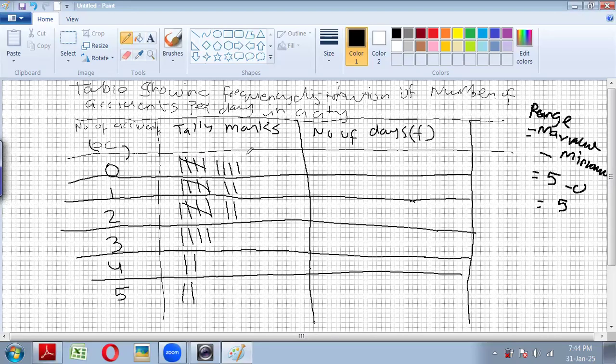Now we will count, right, and we will write down the total over here, right.